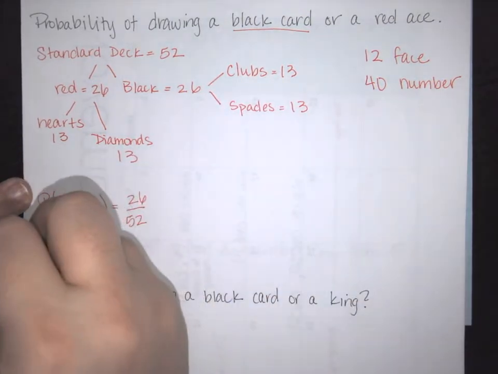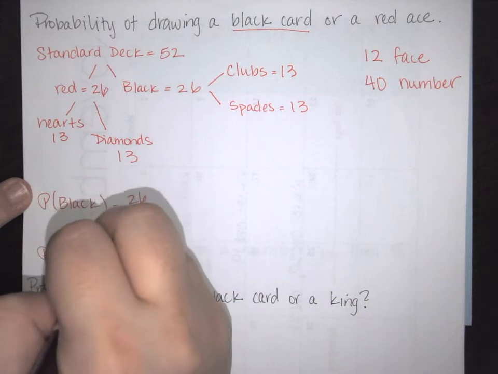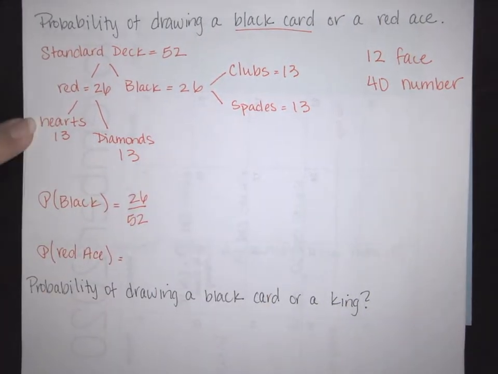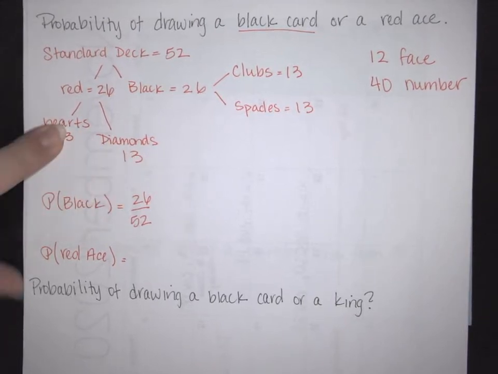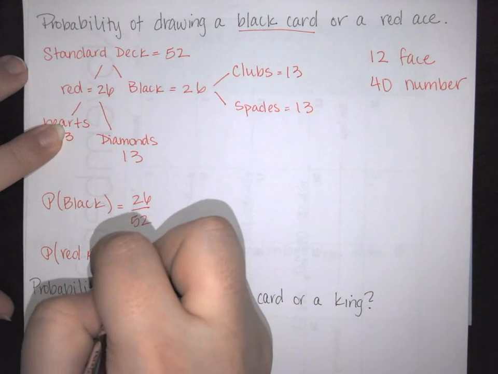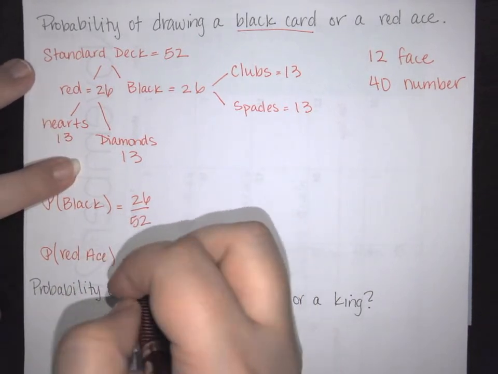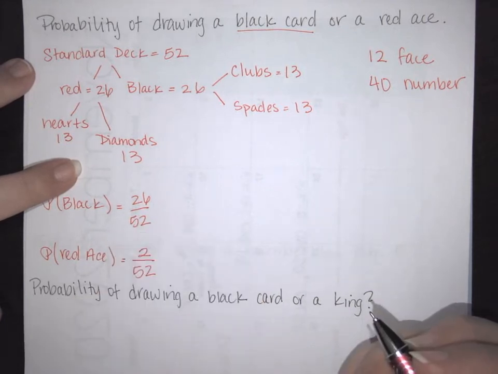And then I want to know the probability of drawing a red ace. So in each of my red cards, I'm going to have an ace. So I have two different red types. Therefore, I have two chances of drawing an ace out of my 52 total cards.